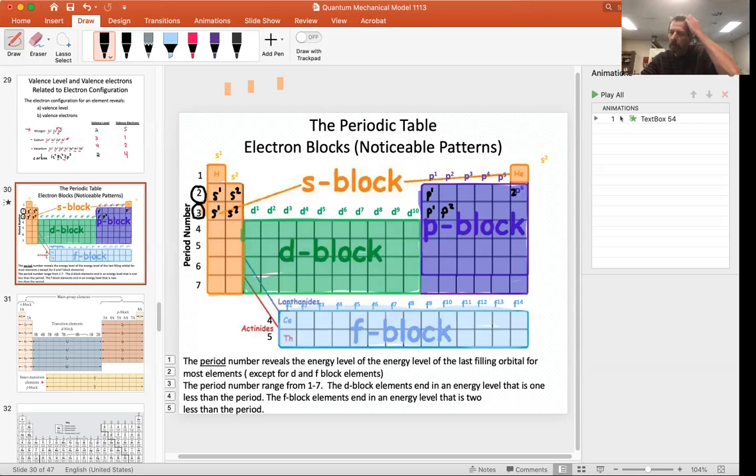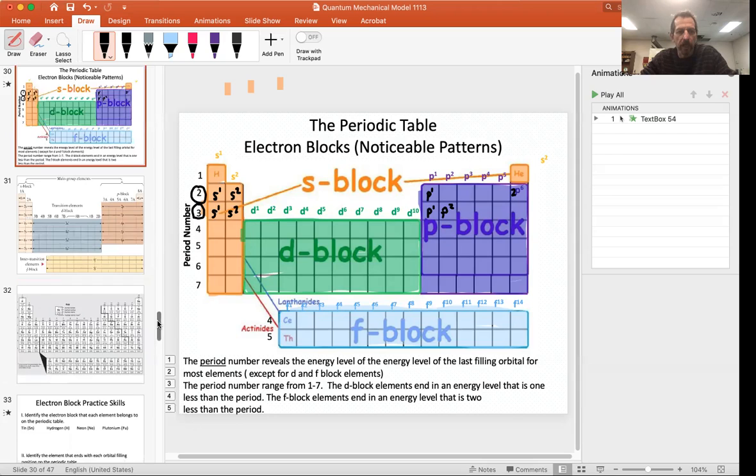So we can relate these to what element is represented by what we have written last in the filled orbital for any specific electron configuration. So let's relate that now to the actual periodic table.